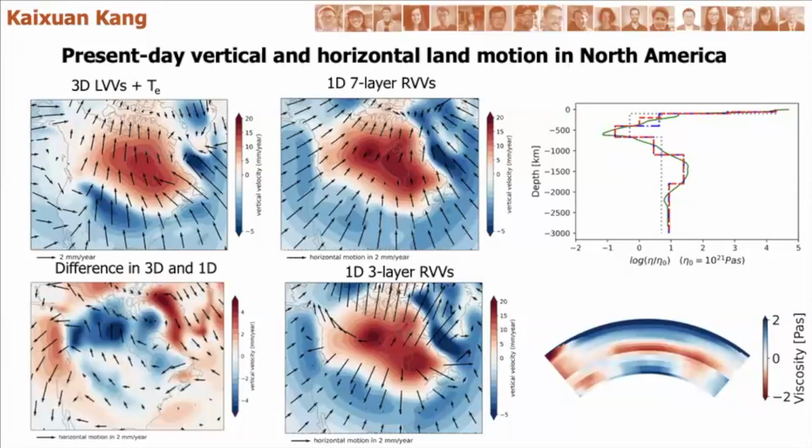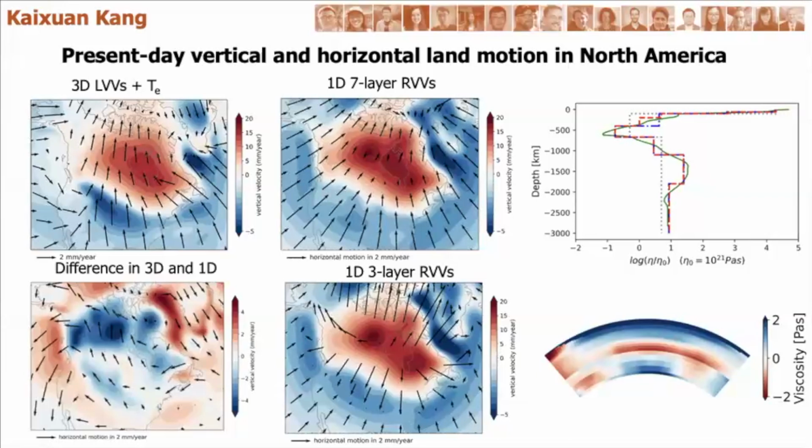So here I gave an example of what we want to do. We introduce lateral variations in lithosphere thickness, and also upper and lower mantle viscosity. This is the 3D viscosity, and I also gave a 1D viscosity.